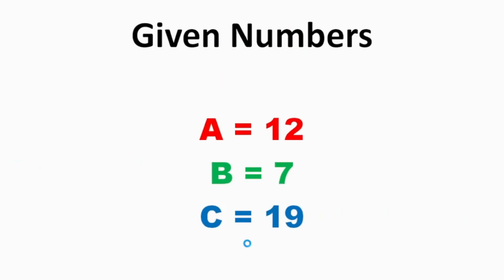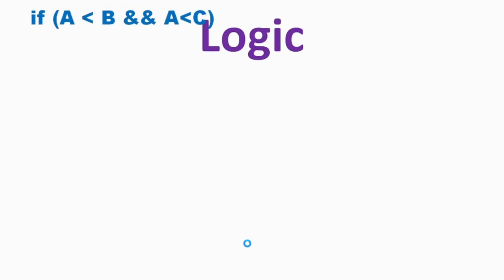So let's first understand the logic behind comparing the three numbers. For example, if we have three numbers A, B, C and the values are 12, 7 and 19 respectively. So what is the logic?